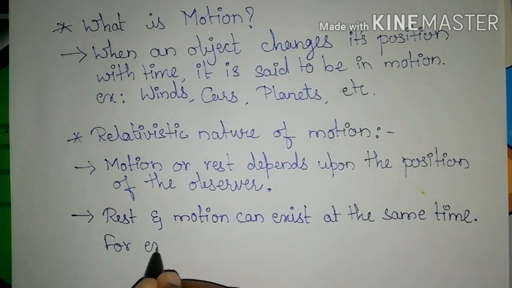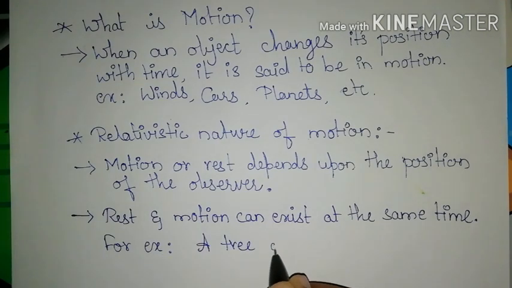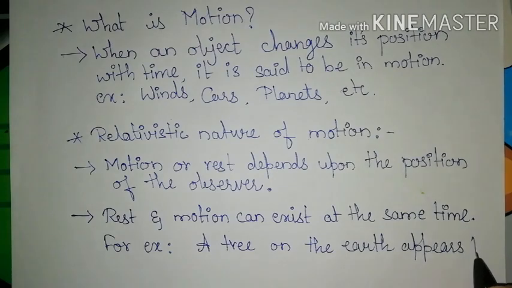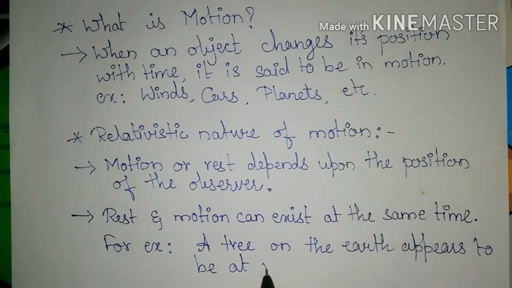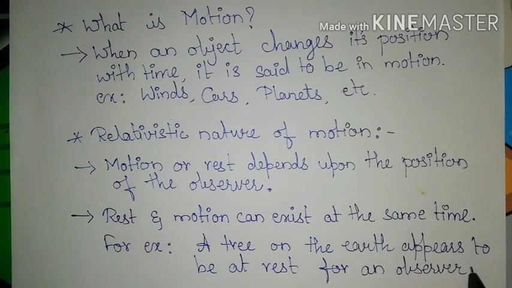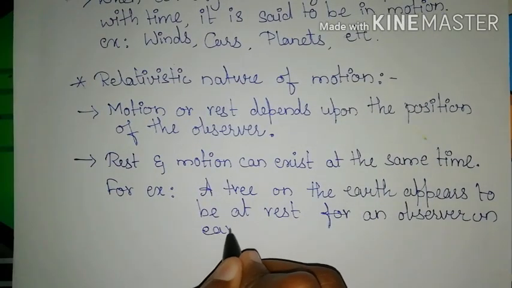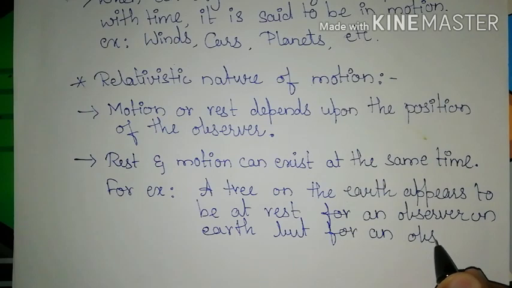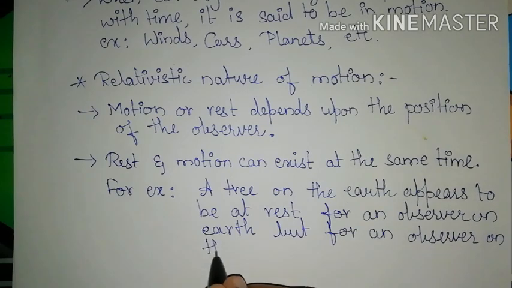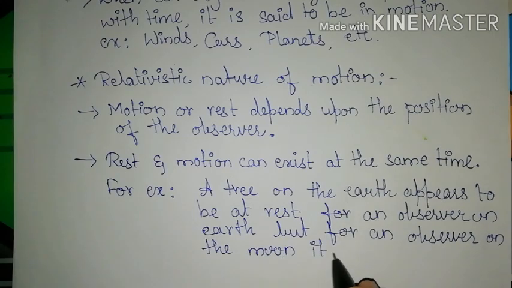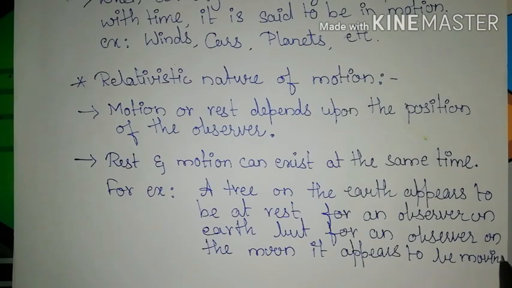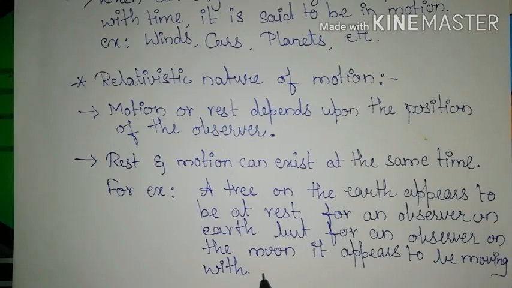For example, a tree on the earth appears to be at rest for an observer on earth, but for an observer on the moon, it appears to be moving with the planet.